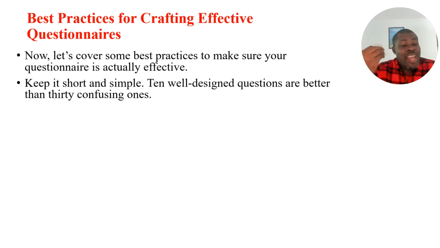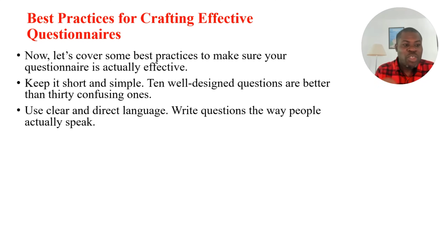Do not allow your item statements to go beyond 10, because by the time your respondents mark the 7th, the 8th, I can assure you that the 9th and the 10th item statements will not really come from them. They will just mark them to move to the next one. So there's no point.